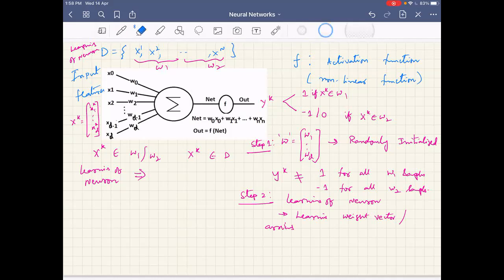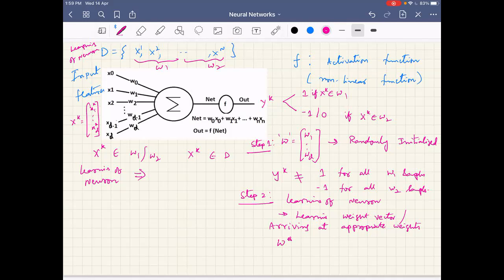Arriving at the appropriate weights. What do we mean by appropriate weights?